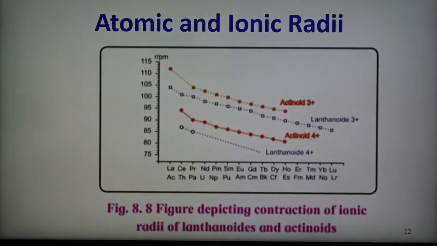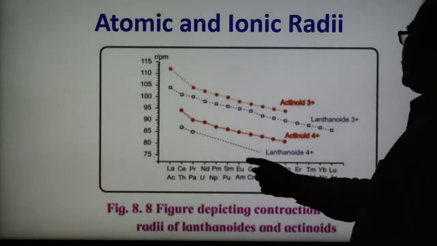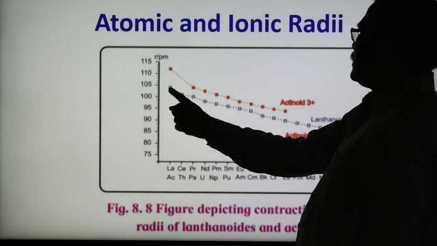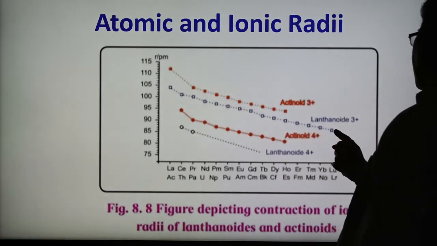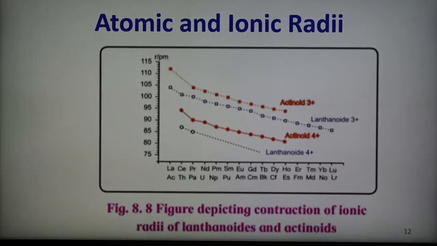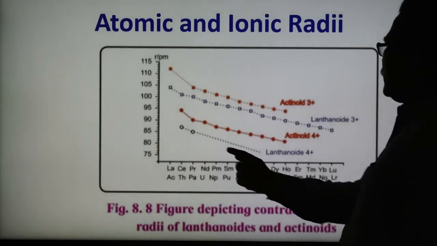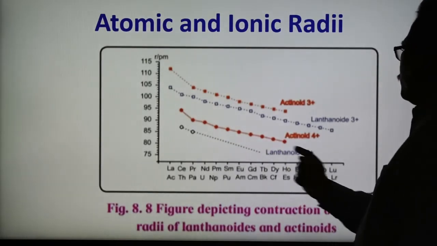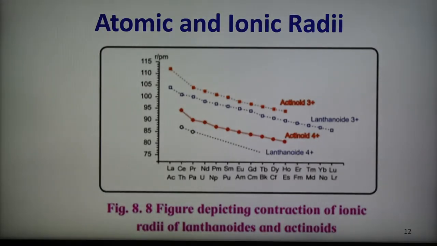This figure shows the ionic radii of lanthanides, and actinides are also shown, but here we are discussing lanthanides. Here is the highest value, and the ionic radii decrease slowly and continue to decrease in the case of lanthanides. This is the curve for the lanthanide 3 plus ion. Similarly, it is also observed in the case of lanthanide 4 plus. So the steady decrease in the ionic radii is shown in this figure.